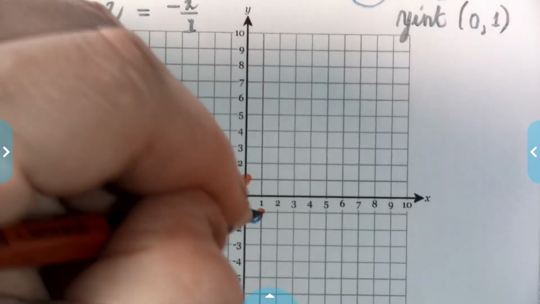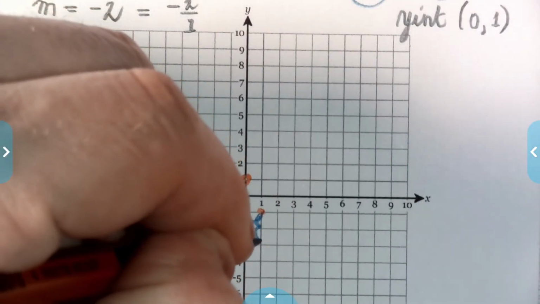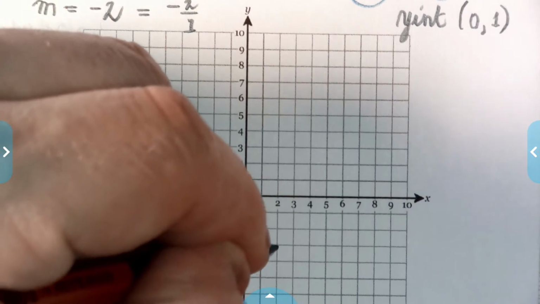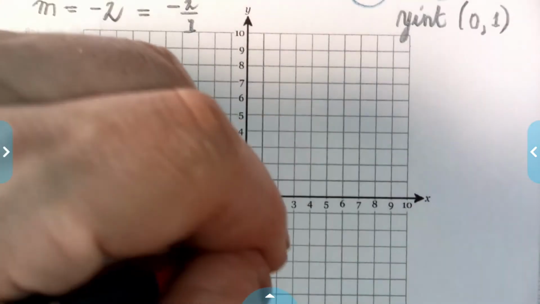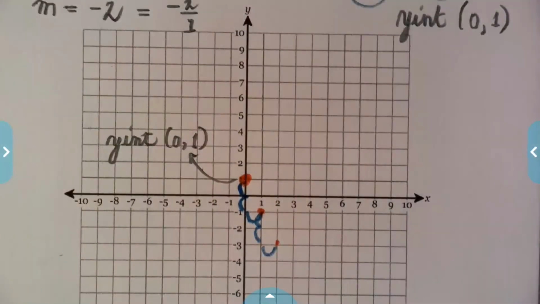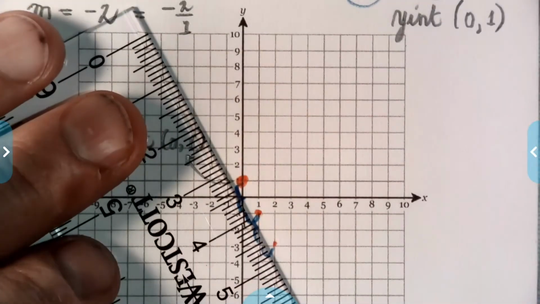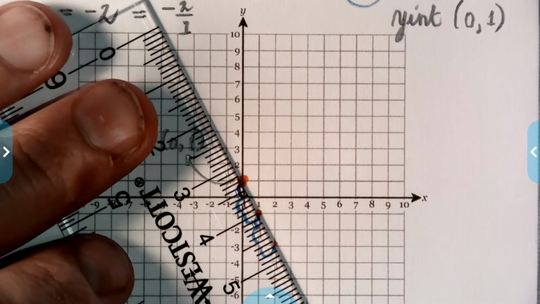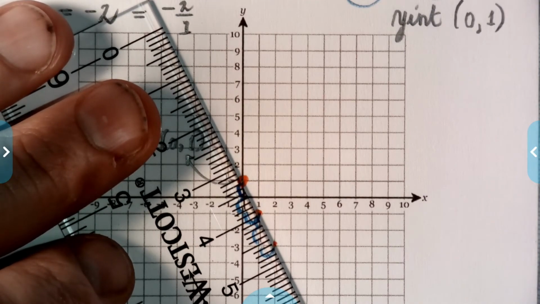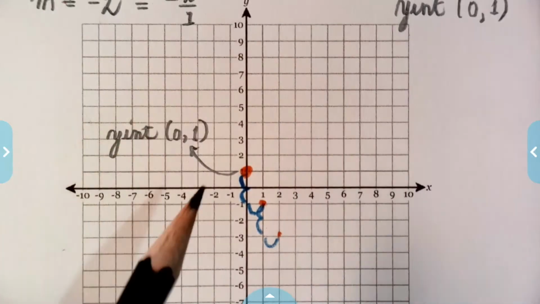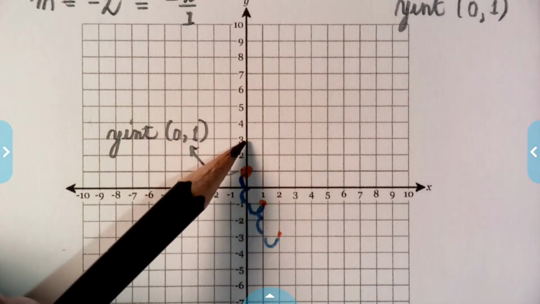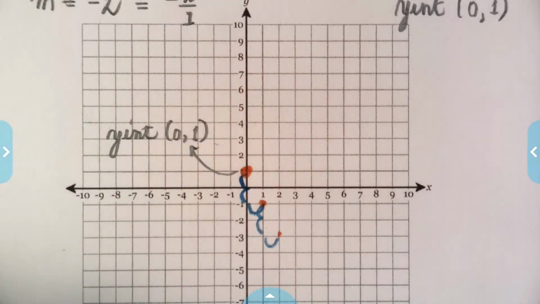And you could do it again. Down 2, right 1. There's another point on the line right there. Okay, and you get the idea. So now we can draw the line by just lining up all these 3 points. Sometimes I like to go up, and I want to make sure I get this line just right.